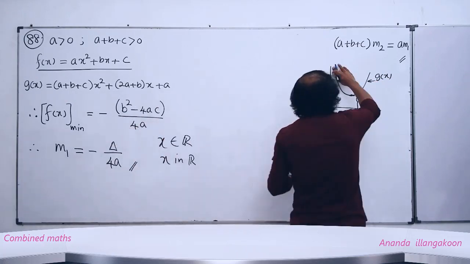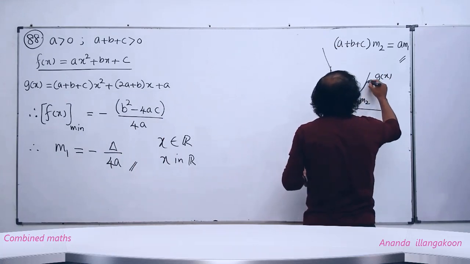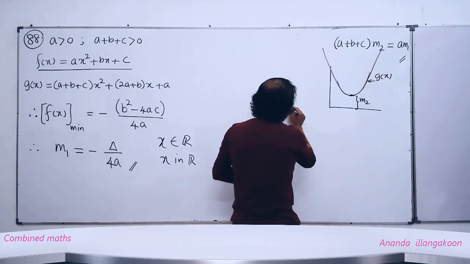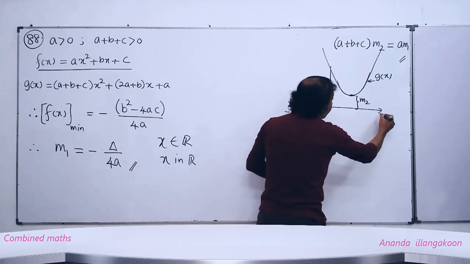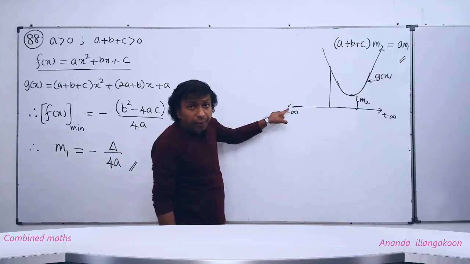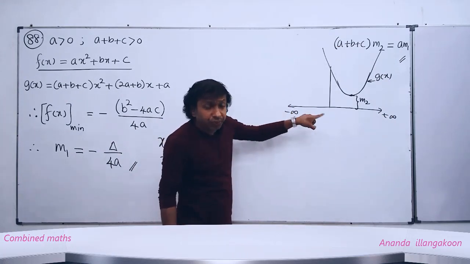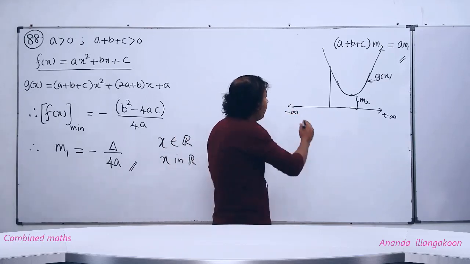this branch, we can produce this end. Then when you move along the x-axis from negative infinity up to positive infinity, you can see when we walk along the x-axis from negative infinity up to positive infinity, see this way. For all x values, okay?